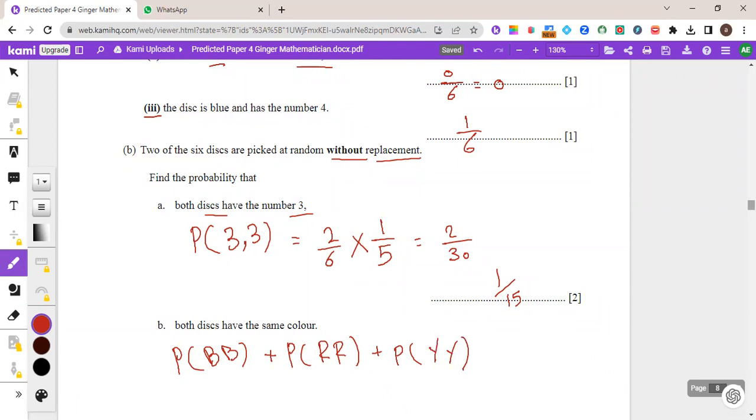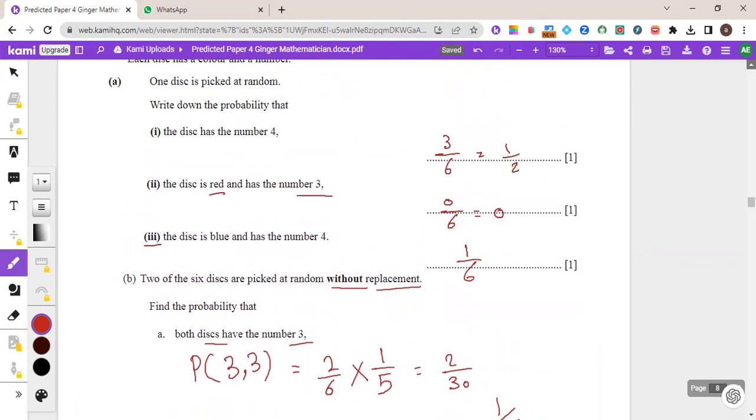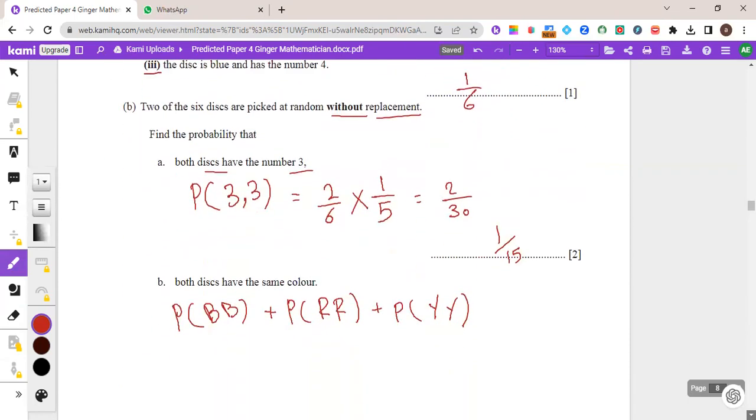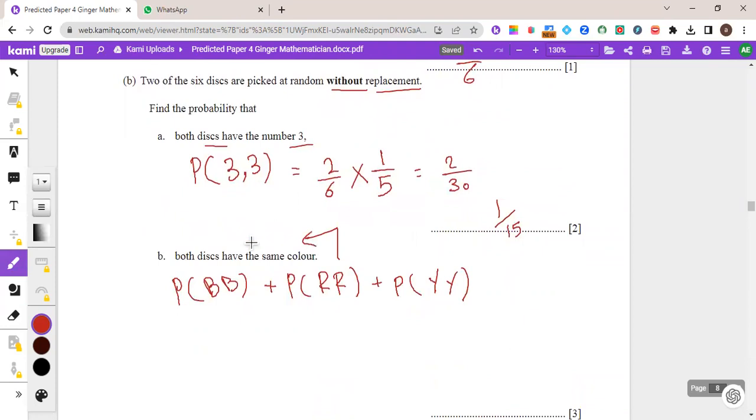If you look here, can it be red, the first one red and the second one red? No, because there's only one red. So this one is rejected. I have one red only, so it's as if it doesn't exist.